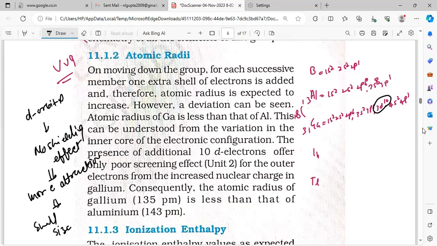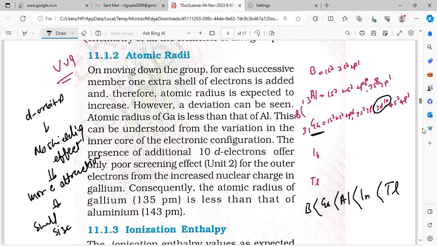So although size increases, gallium is smaller than aluminum. So the correct order is boron, then gallium, then aluminum, then indium, and then thallium.